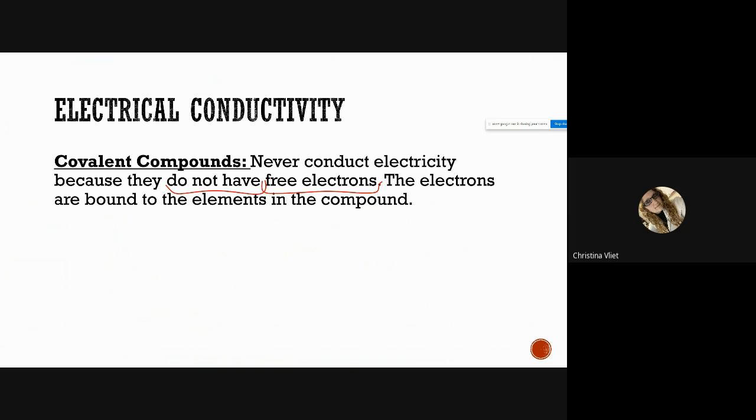If you've got something like CH3OH, all of these electrons are stuck in the electron cloud together. There is no transfer of electrons taking place, no movement of electrons equals no electricity.